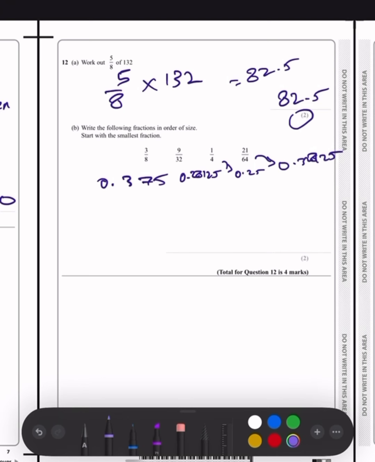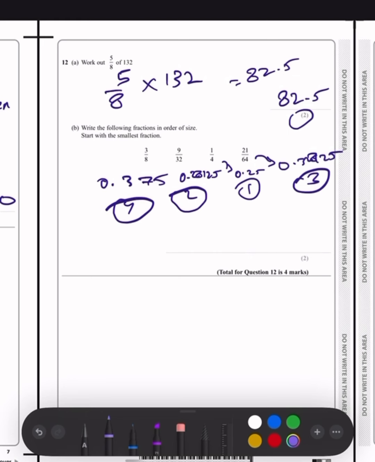We know 0.25 is the smallest one here for sure. And then the second one is this one, and then the third one is this one, and then the fourth one is this one.